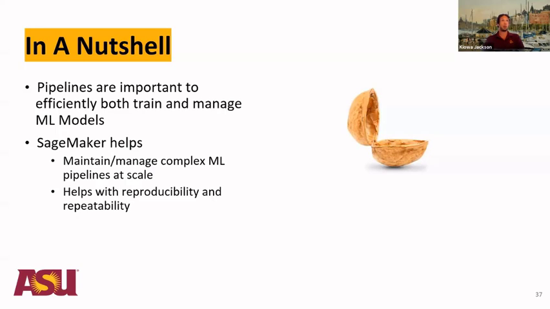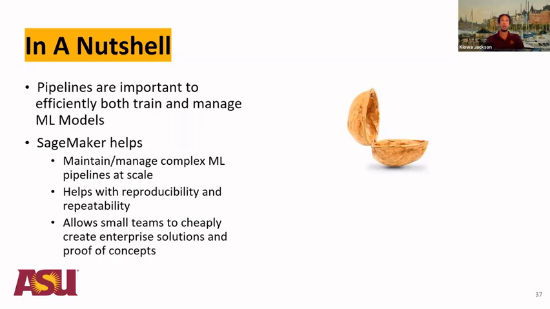You can download those on your laptop and start digging into that if you want to do a postmortem. It allows small teams to cheaply create enterprise solutions and proofs of concept. And that we've spoken a little bit about already. So in a nutshell, that's the value add that SageMaker offers.